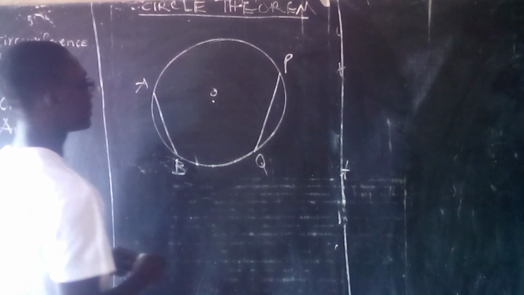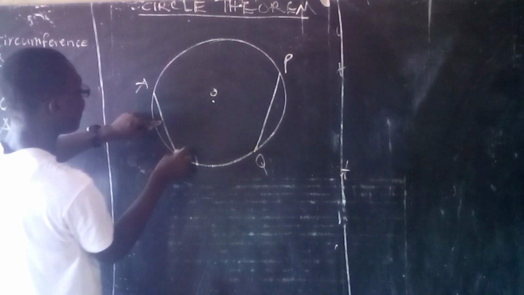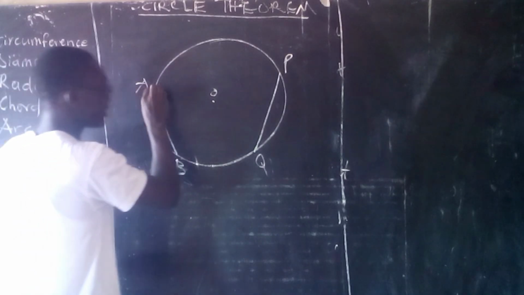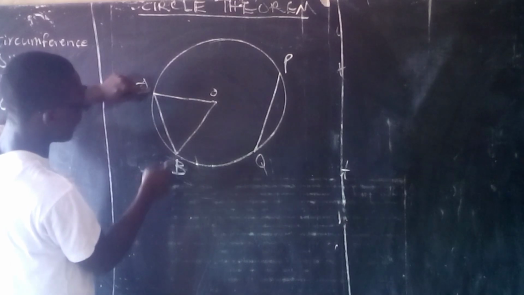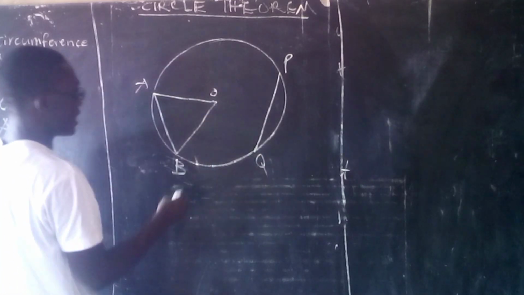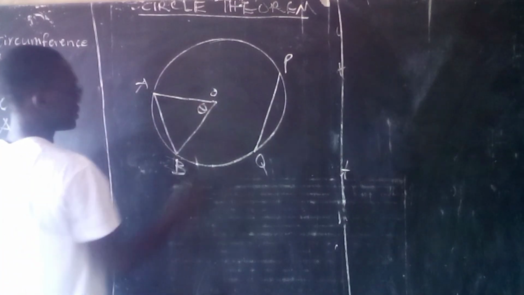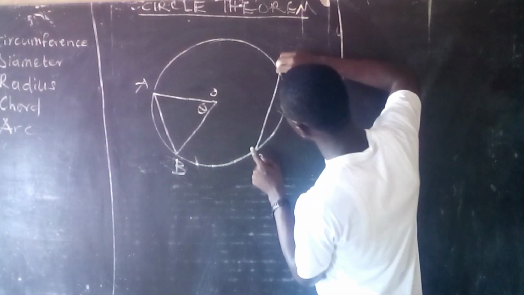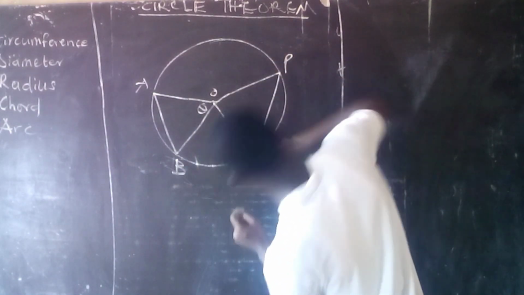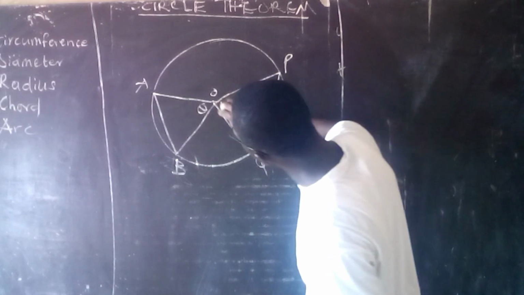Chord AB subtends an angle to the center of the circle. Let's call the angle theta. And chord PQ also subtends an angle to the center of the circle. Let's call the angle alpha.